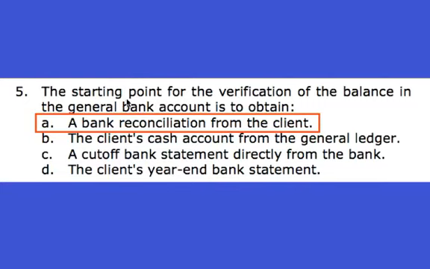So, yan yung starting point for the verification of the balance in the general bank account. So, check the balances. Tapos, review yung mga reconciling items. Now, in relation to the recon items, number 6.